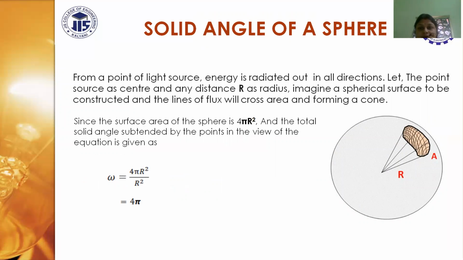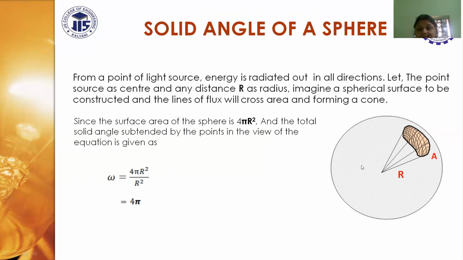Now, solid angle of a sphere. Here we can consider that a point source is present and energy is radiated out in all directions. Energy means light energy, and at any distance r, r is the radius. We imagine a spherical surface to be constructed and the lines of flux will cross the area, forming a cone.